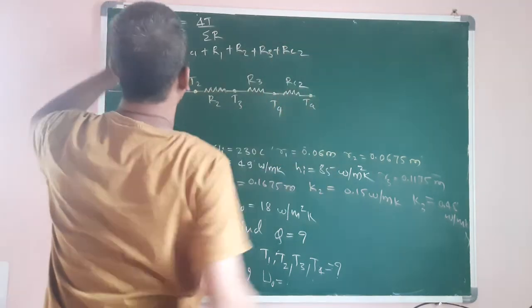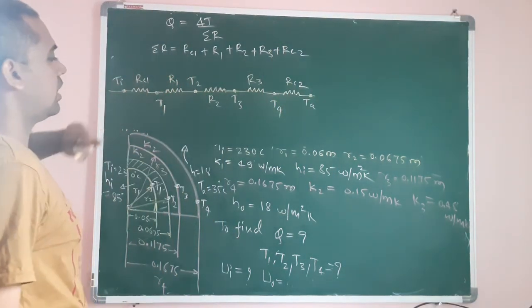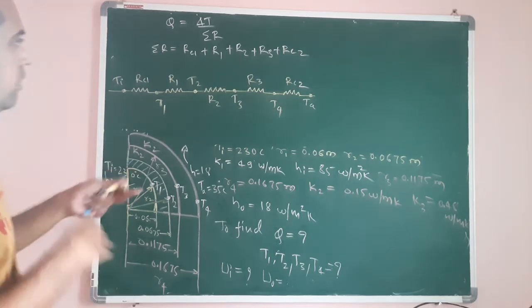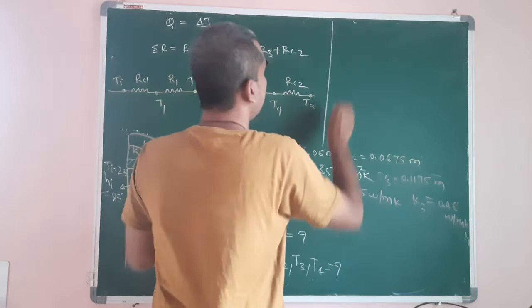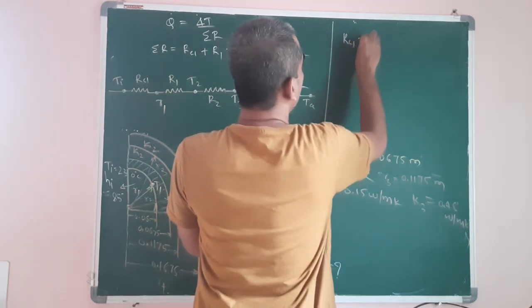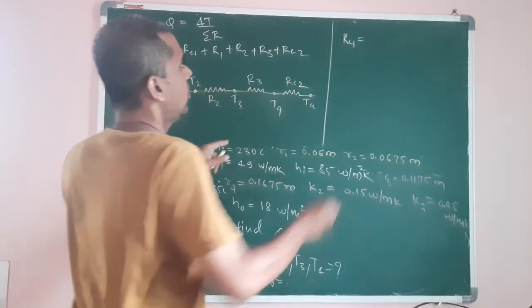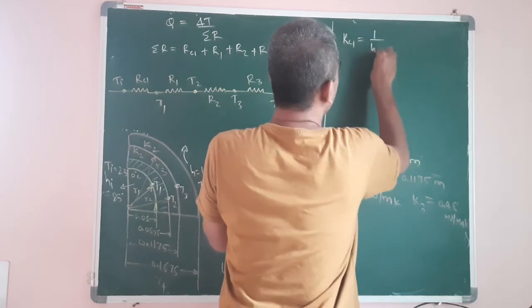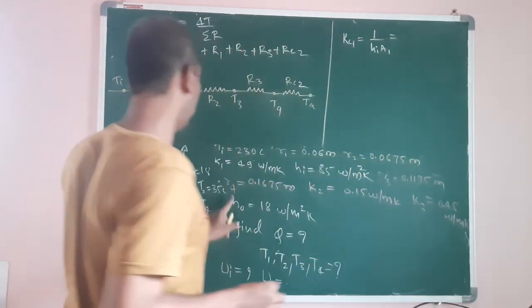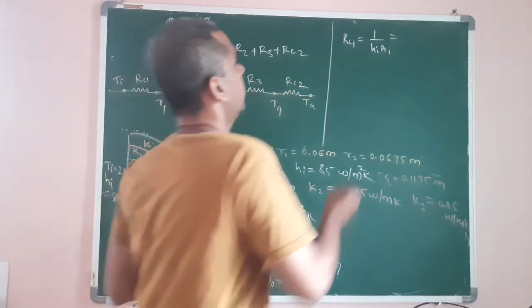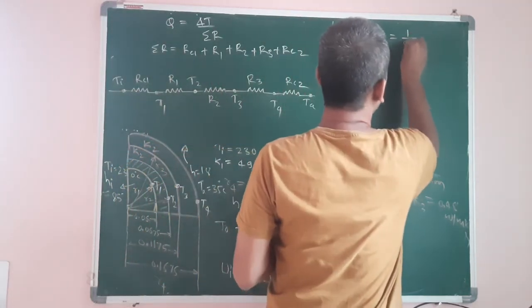RC1, how to calculate? RC1 is a convection resistance, therefore RC1 is equal to 1 divided by Hi into Ai. Hi is, we know, 85.